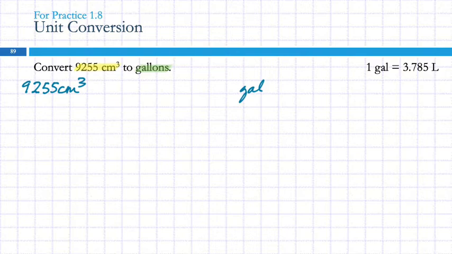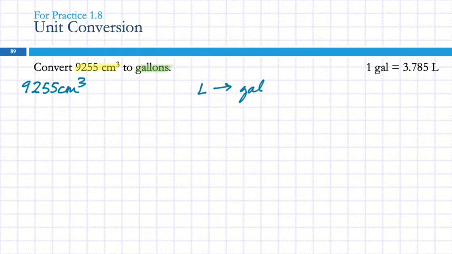It's a puzzle. You're not supposed to just know how to do it. You're going to look at that and you're like, I'm not sure. Well, it's a puzzle, right? Solve it. Think about it. Figure it out. Well, gallons, when I look up here, I know the relationship between gallons and liters. So if I got to liters, I could get to gallons using this.